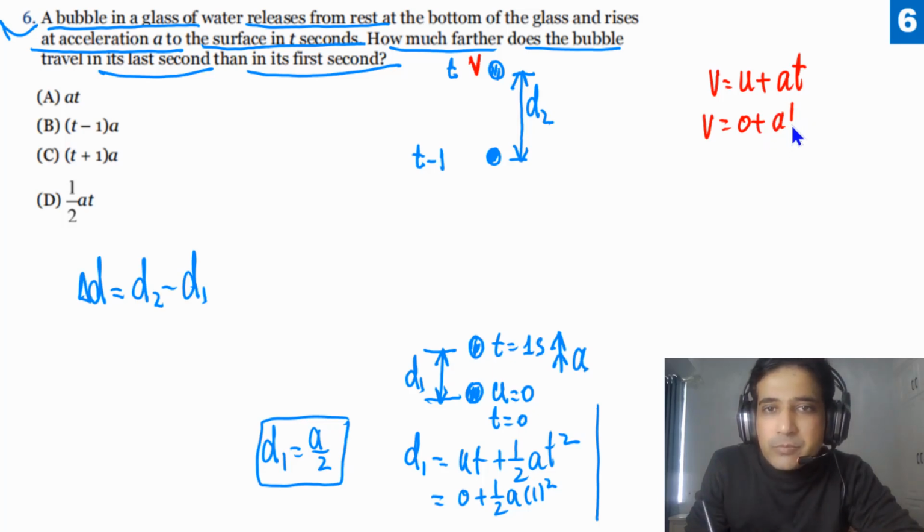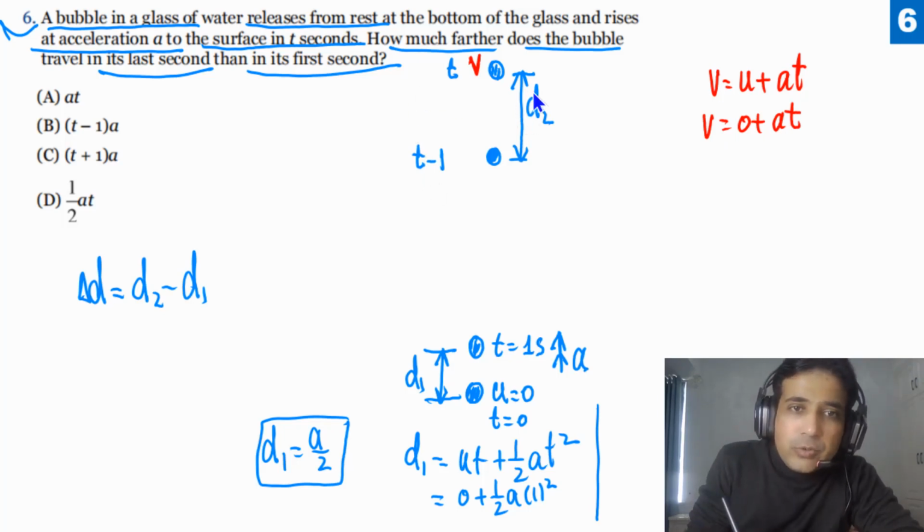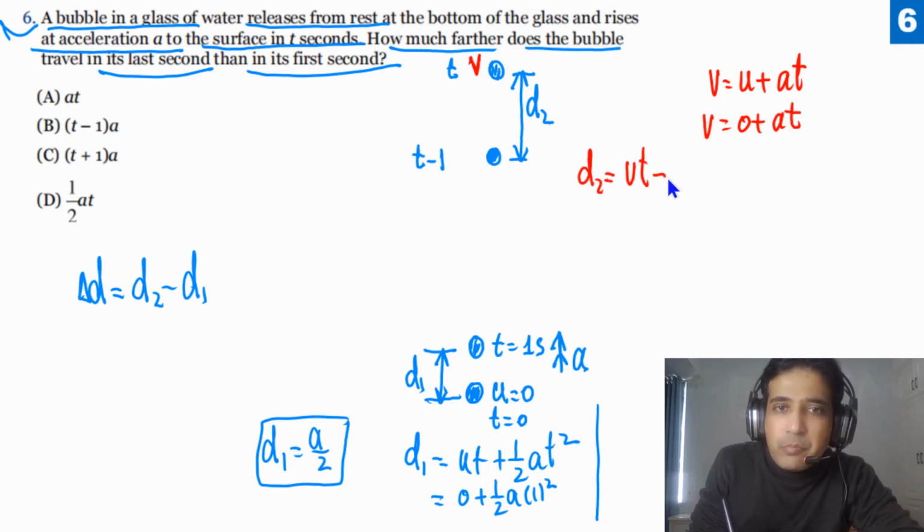Now in order to calculate this distance we can use d2. This is the fifth equation of kinematics if acceleration is constant: d2 is equal to vt minus 1/2 at squared. In this case, the value of v is a times t, where t is the total time.